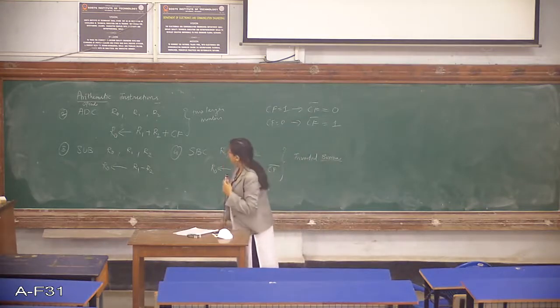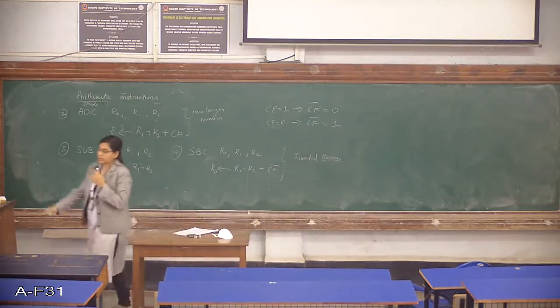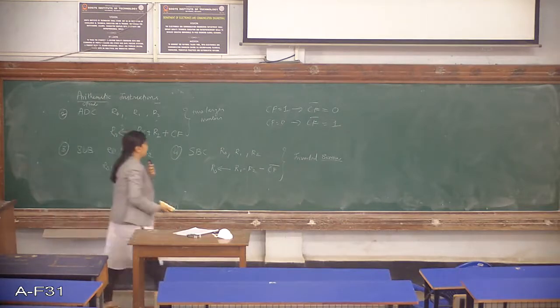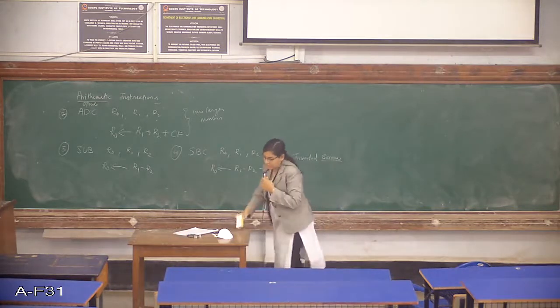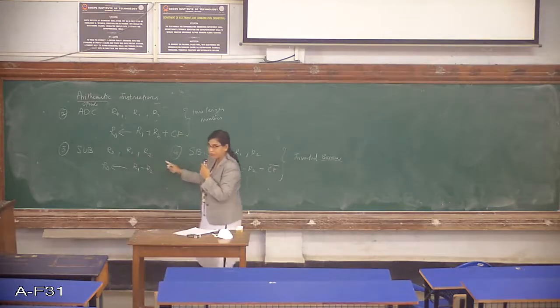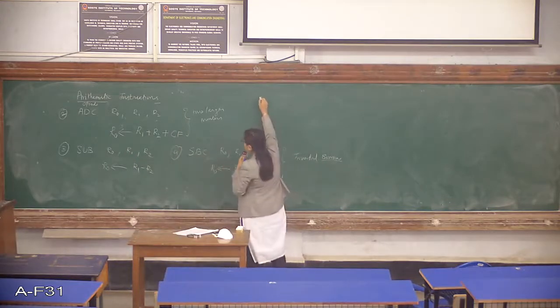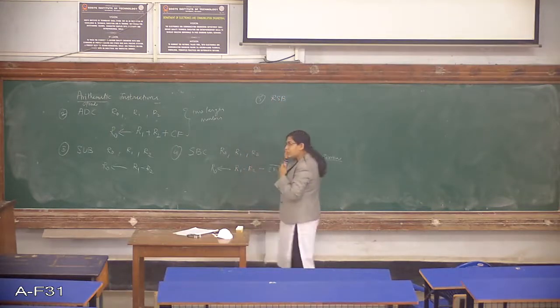Next, we have one more, which is reverse subtraction. What do you mean by reverse subtraction here? As you see for the subtraction, you are subtracting R1 minus R2. In reverse subtraction, that is RSB, this is the opcode we use.